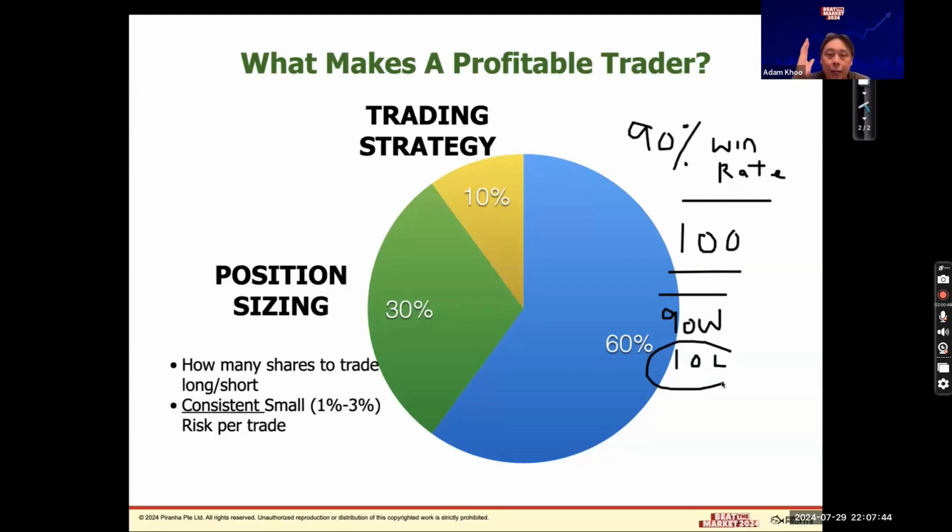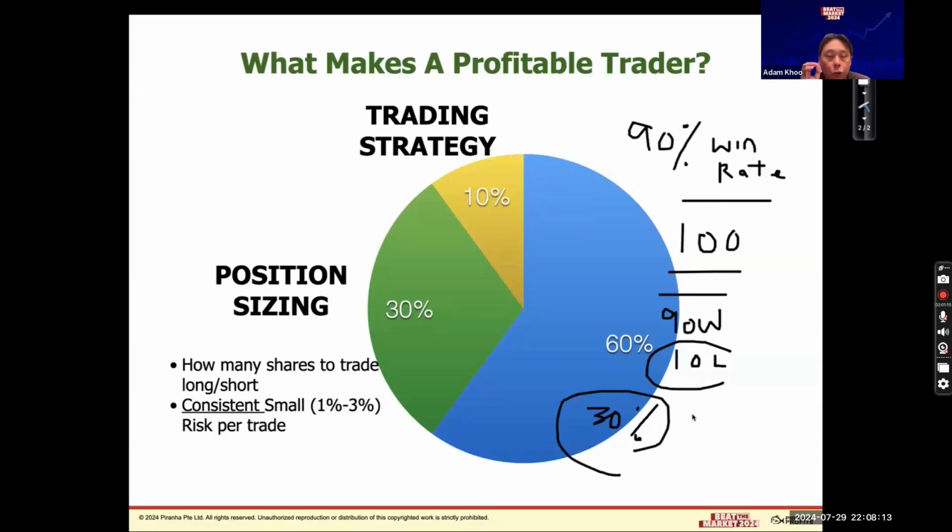And imagine that if you trade and you risk too much, and let's say you risk 30% of your capital in a trade, and it so happens that you get 4 losing trades in a row, what happens? Your whole account get wiped out.